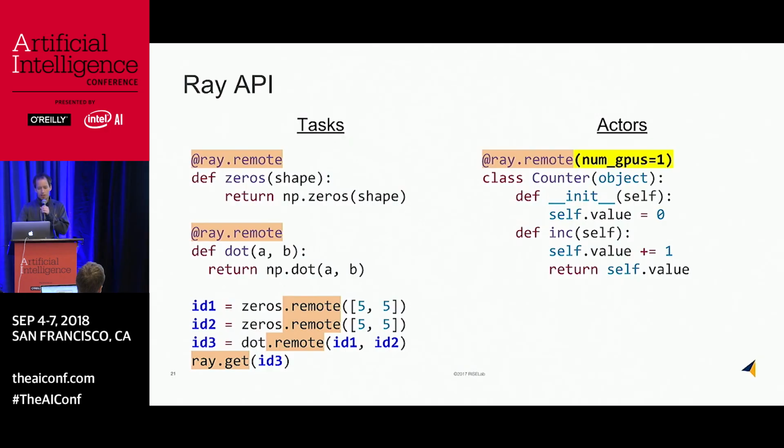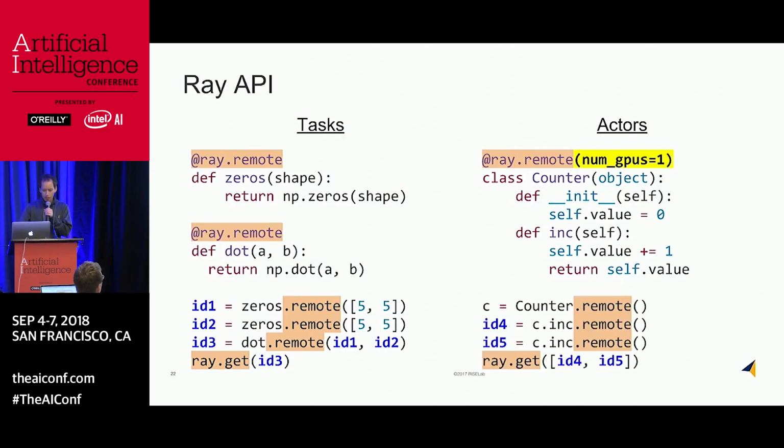Once the class has been made into a remote class, you can create an instance of it by saying class name.remote, and the scheduler will find a place in the cluster where there's still capacity, and create the actor on that node. Then you can call methods with object.functionName.remote, and you will again get a future of the result, and you can call get on it.